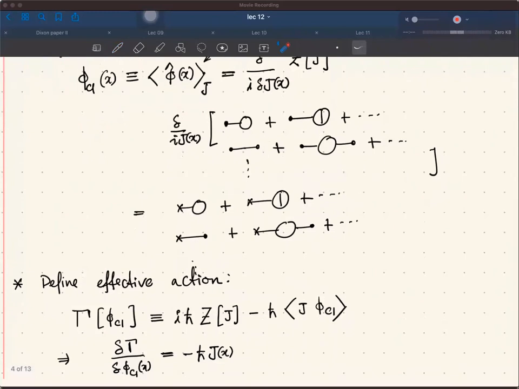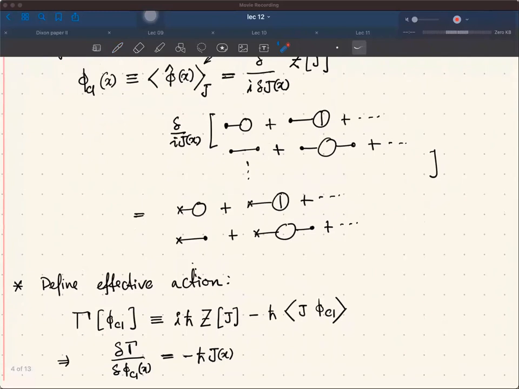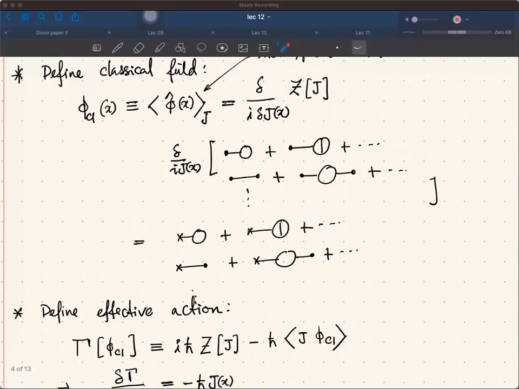Okay. Now, as a consequence of this equation, we see that if you set J equal to 0, then, before that, recall the definition.